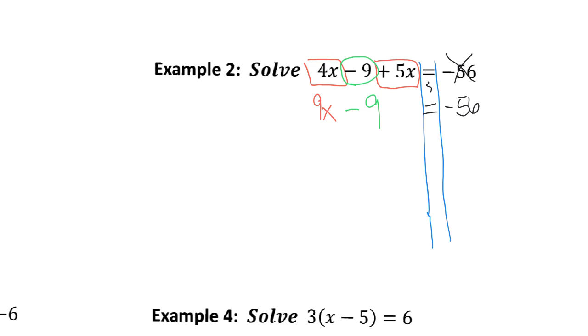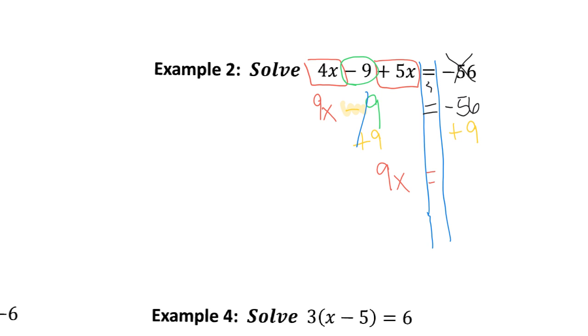And now we start doing the opposite operations. So what's the opposite of -9? The opposite is to add 9. So then those cancel. My 9x gets brought down. Bring down my equal sign.